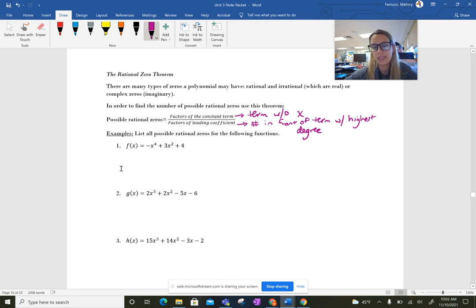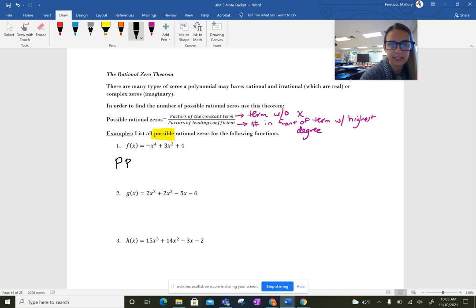These examples, we're going to list all possible rational zeros. So remember, these are just possible. So they're not actually the zeros, but they could be the zeros. Rational numbers just means that they can be put into a fraction form. So possible rational zero, PRZ, if you will. So we're going to take the factors of the constant term.